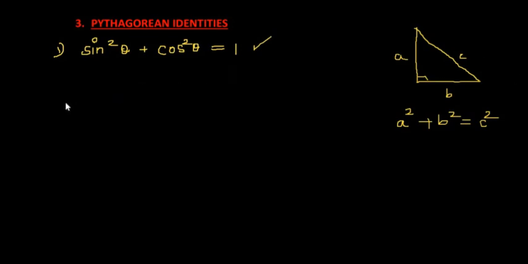Now the next identity is given as 1 plus tan square theta is equal to sec square theta.